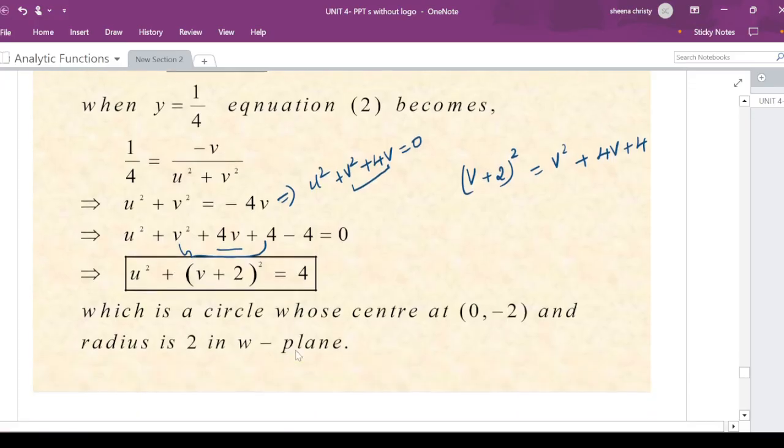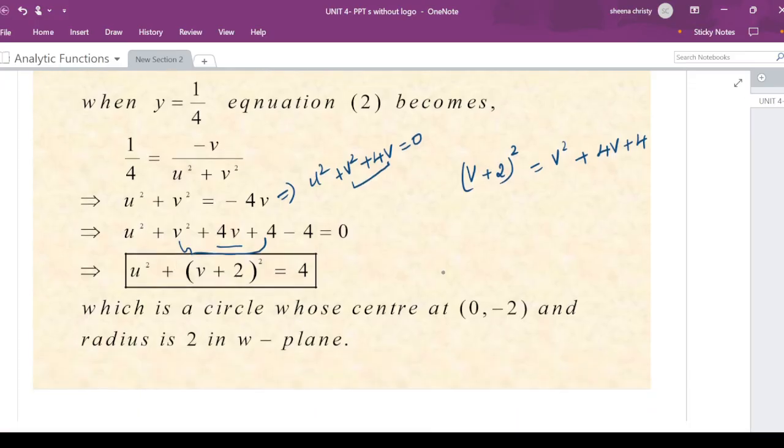What is the general equation of the circle? It is x minus a the whole square plus y minus b the whole square equal to r square. Here the center is a, b and radius is r. That's why we are calling this a circle whose center is 0, minus 2 and radius is 2.